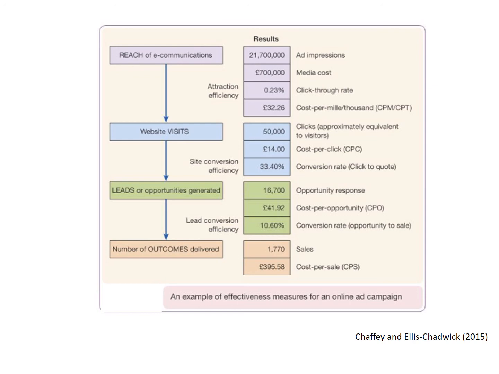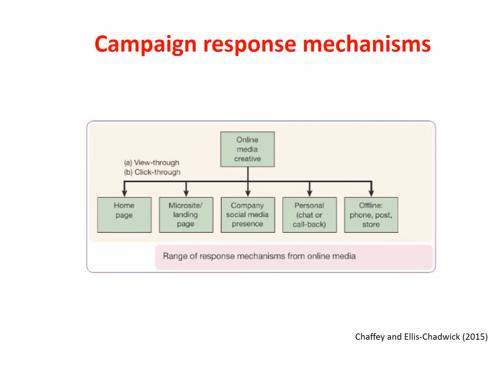Okay. So campaign response mechanisms. When we look at the campaign response mechanisms, we have the online media creative, and then you have the home page, microsite, landing page. Because sometimes you don't always land on the home page, depending upon the keywords. It could take you to certain pages.